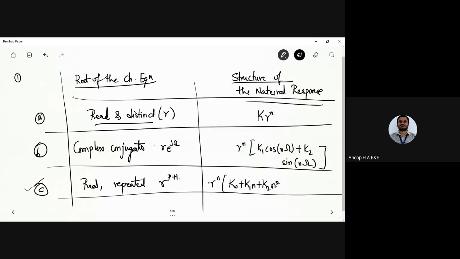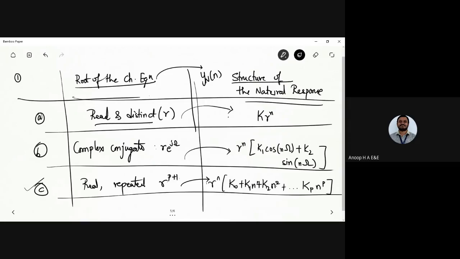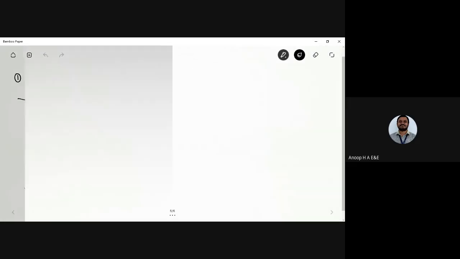So just see here, you have k1 n power 1, k2 n squared up to kp n power p. So these are the roots of the characteristic equation. So depending on the roots of the characteristic equation, I have the nature of the natural response, that is yn of n. It is entirely dependent on the roots of the characteristic equation.